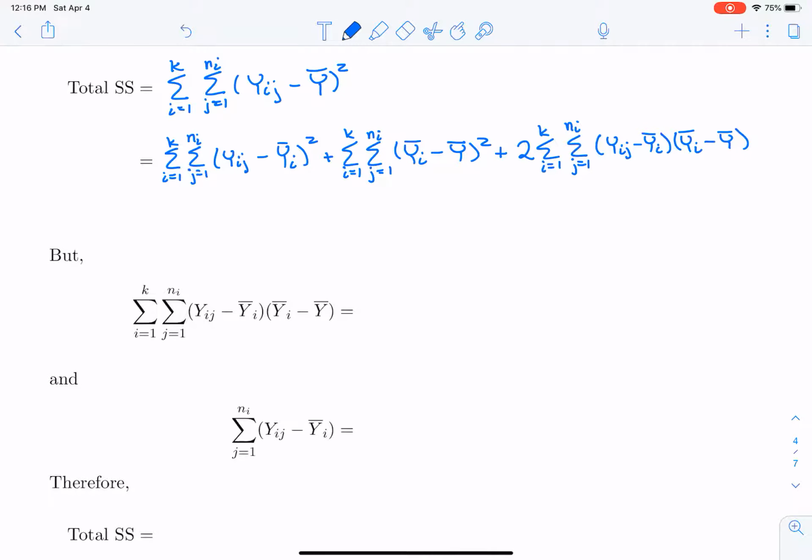And I want to know what happens with that. So first I'm going to notice that the y sub i bar minus y bar, this part right here, does not depend on j. So I can actually pull it out of the sum. What's left inside the sum is then the sum from j equals 1 to n sub i of y sub ij minus y sub i bar.